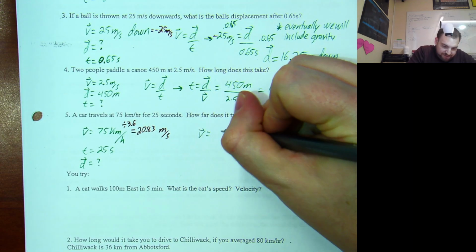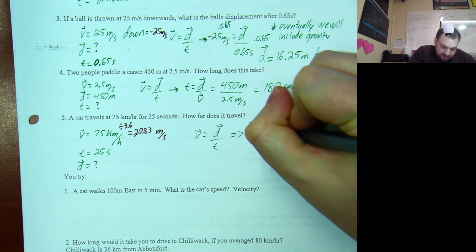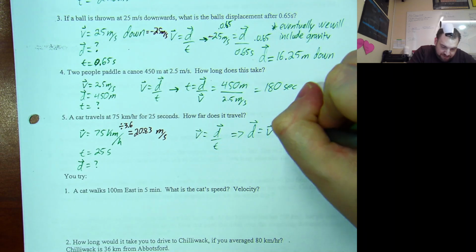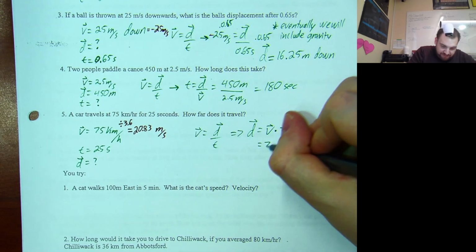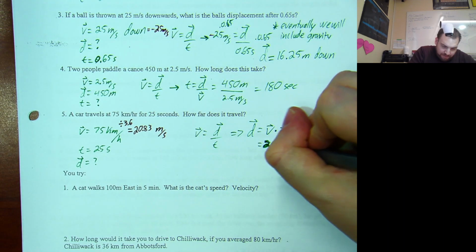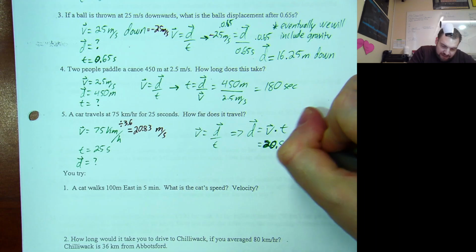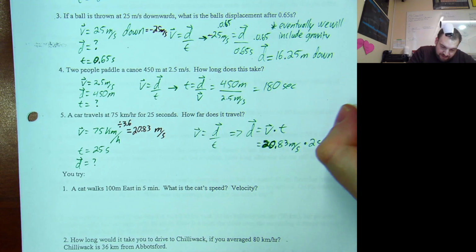V equals d over t, so d equals v times t. And I can fill this in, so it's going to be, I converted it. Why am I using 20.83? 20.83 meters per second times 25 seconds.